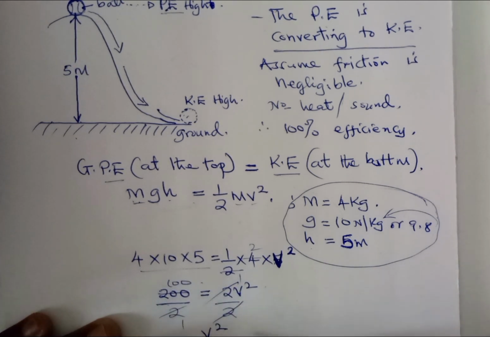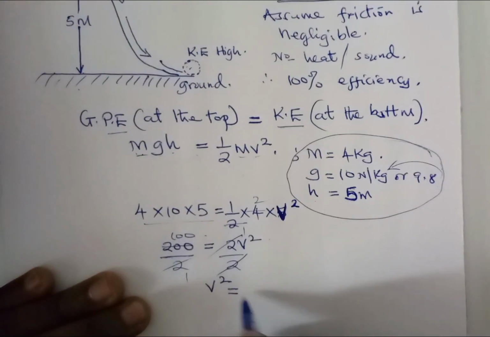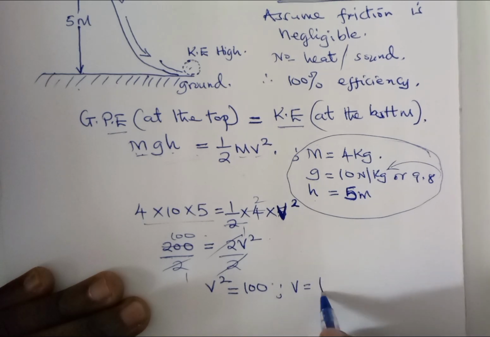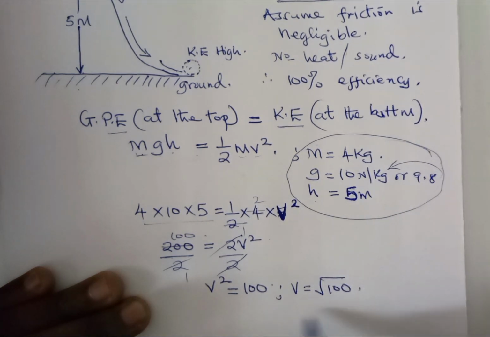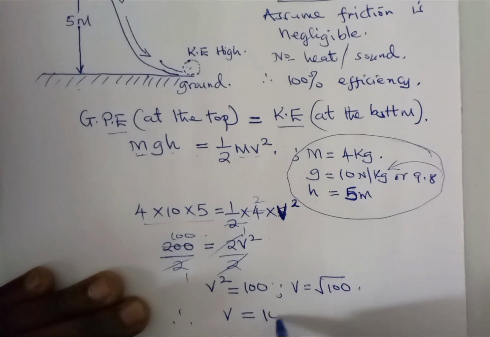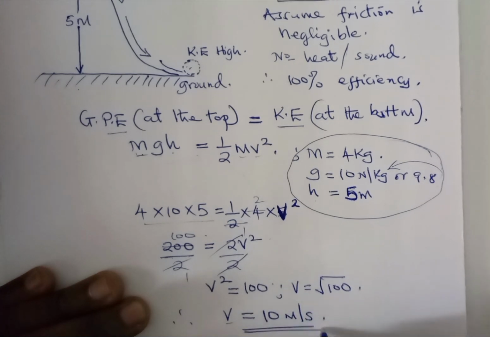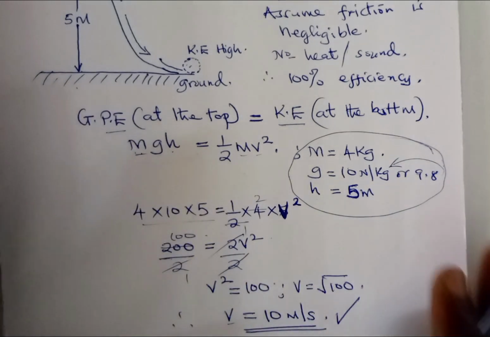So v squared is equal to 100. To find v, it will be the square root of 100. Therefore v is equal to 10. Now that it is velocity, its units is meters per second, and that's how we work that out.